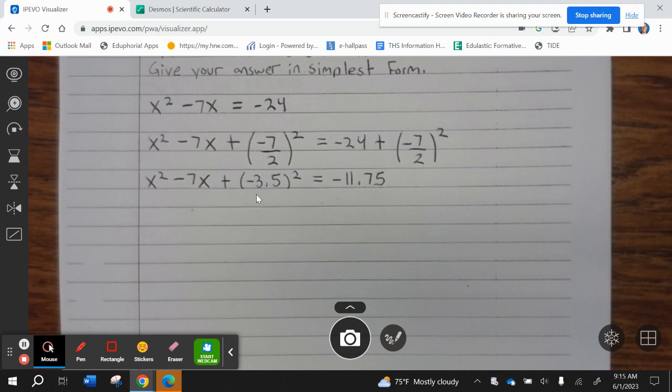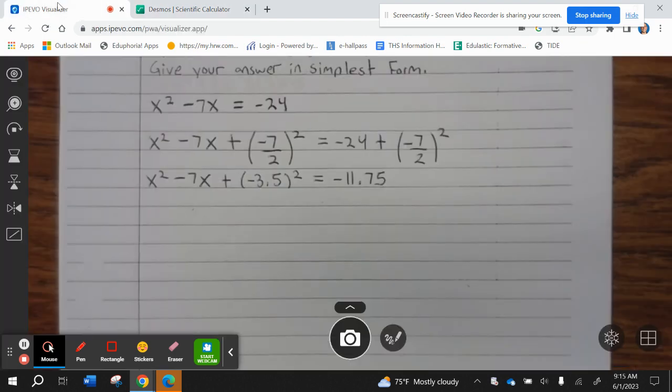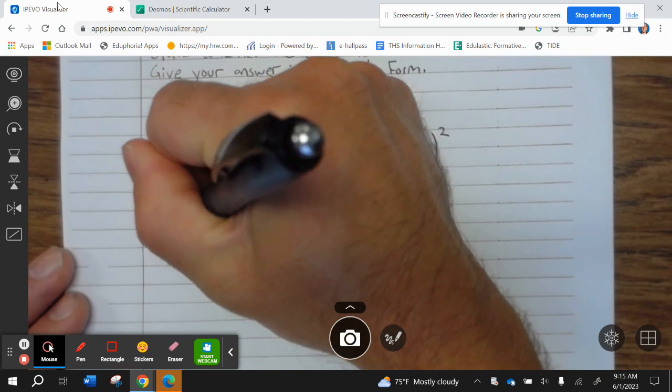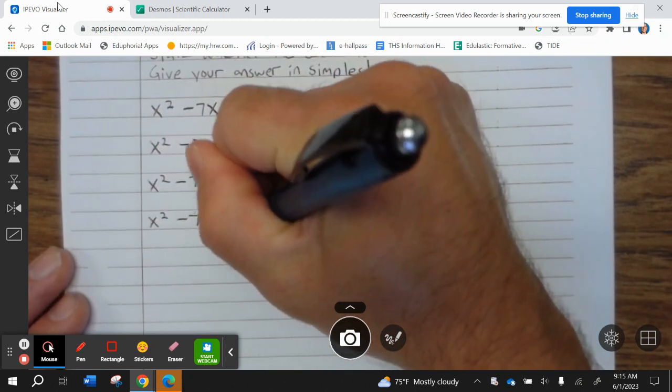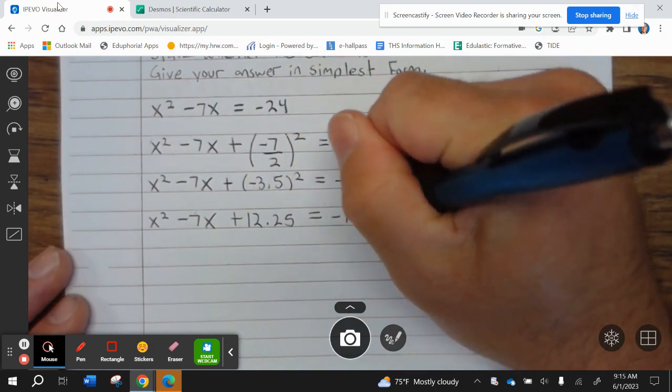Okay, now let's go ahead and find out what negative 3.5 squared is. So 12.25. So that's x squared minus 7x plus 12.25 equals negative 11.75.